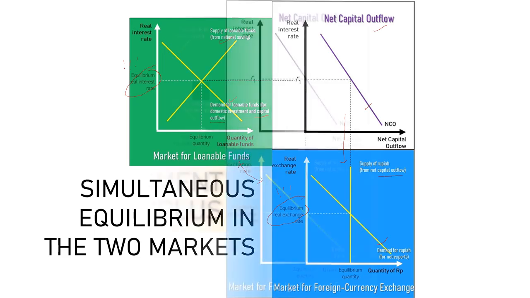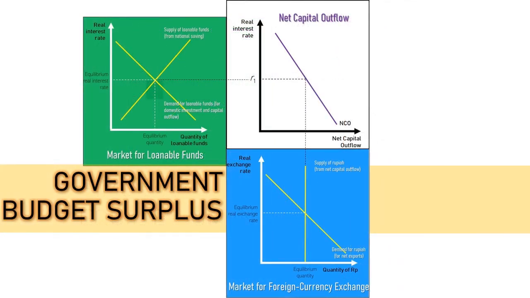We may begin with the first case. What if the government runs a budget surplus, just like in our exam questions? With a budget surplus, public saving will increase and accordingly will also increase national saving. The increase in saving then shifts the supply curve of loanable funds to the right, from S to S prime.